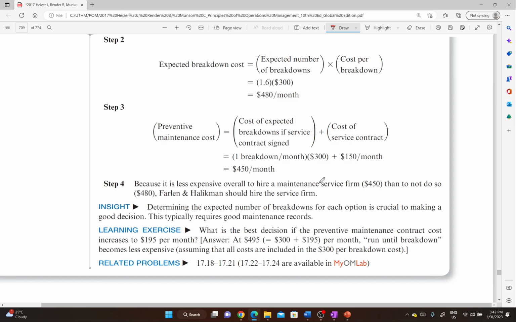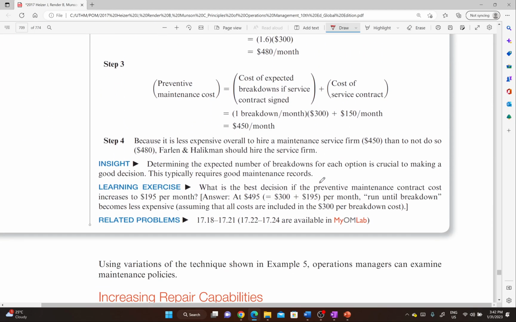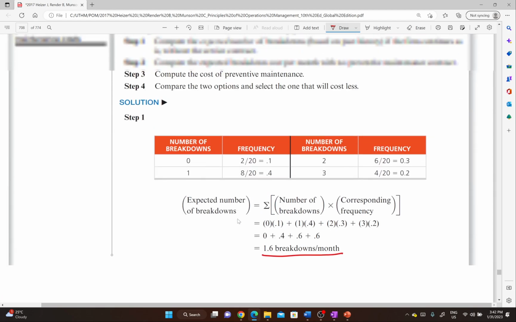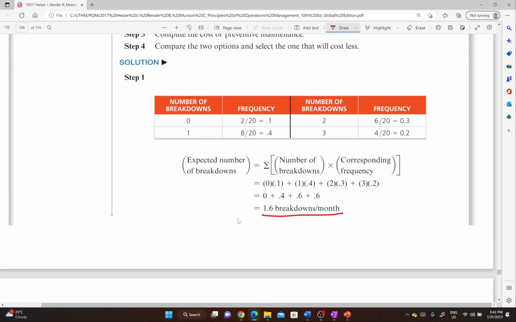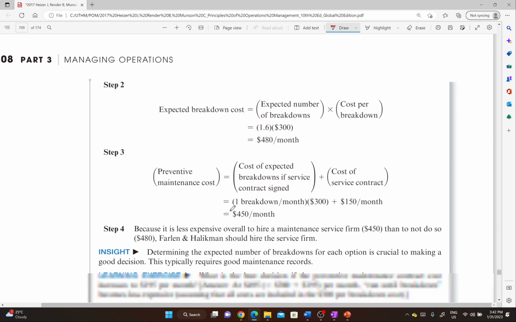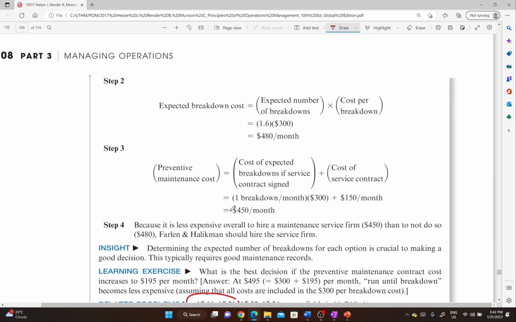You can try related problems later, and any problem you can ask me later. First of all, you find the expected value and find the actual cost: expected value multiplied with the cost. Then you see what the preventive measure is and its cost.